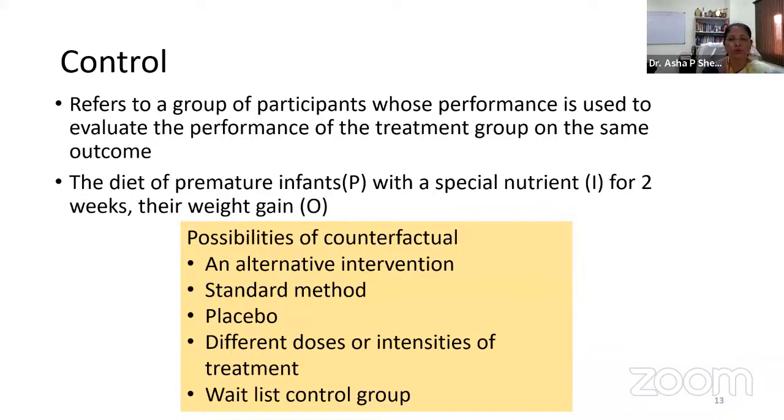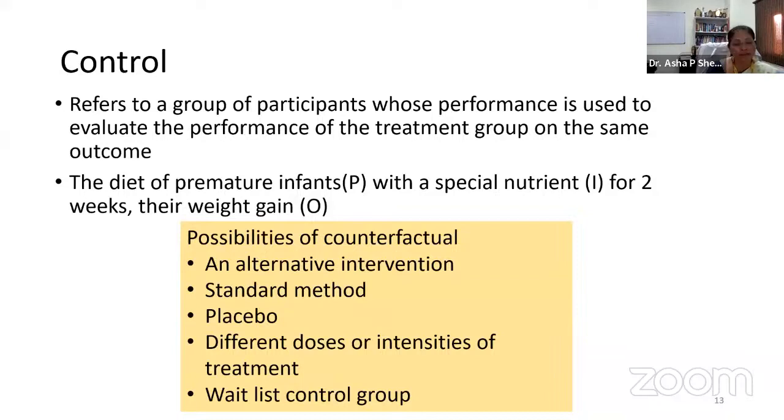Suppose we are using 2 methods of caring for a patient, whether it is a position, 2 different types of feeding, or 2 different ways of administering a medication. We have an alternate method of intervention. And sometimes we also use the standard method. That means the usual procedure that we use to care for the patient, we may compare with the standard method and with the other intervention that we have worked out.